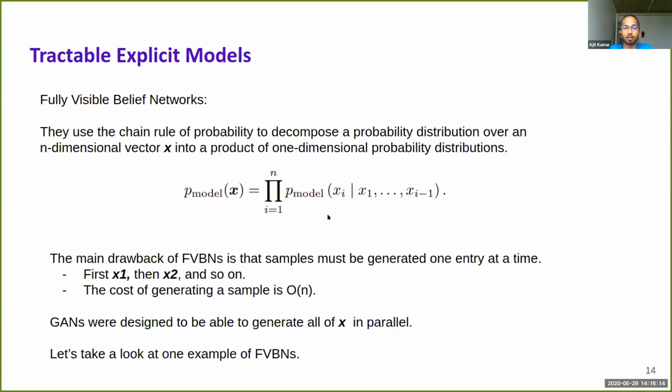The drawback of this is that it is computed sequentially, and we need to find an ordering of these xi so that we can compute the distribution one after the other, so this is computationally expensive. And GANs, because they do it in parallel, don't have this disadvantage.